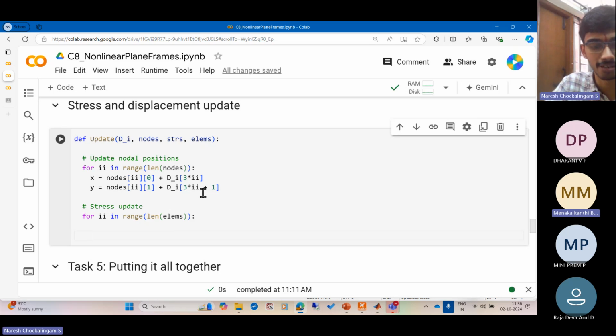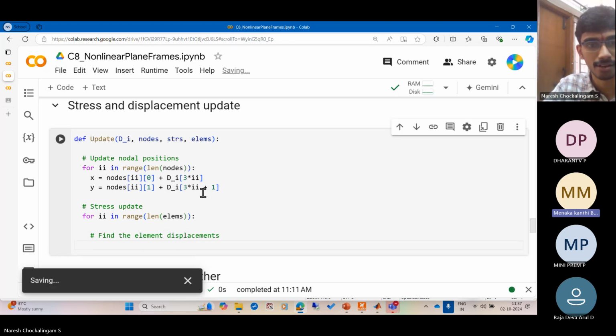Okay, I can actually write it down. So first find the element displacement, or element local displacements, right? Local displacements. So for the ith element, what are the degrees of freedom?